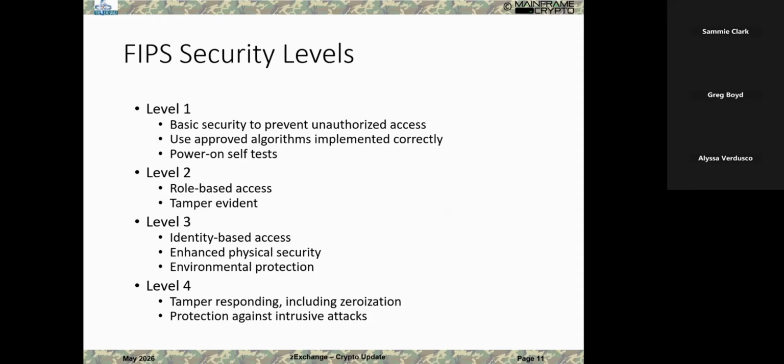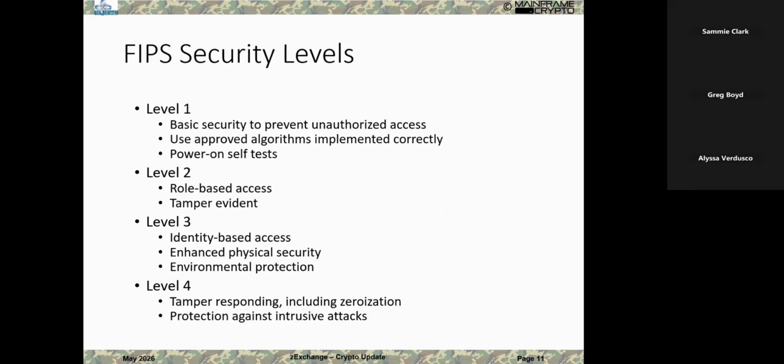On slide 11, both FIPS 140-2 and FIPS 140-3 have different levels of security, and they're additive. So for level 4, the crypto module has to have everything that was required in levels 1, 2, and 3. Level 1 is pretty simple. It basically is just saying that you're using technology that is a formal product.